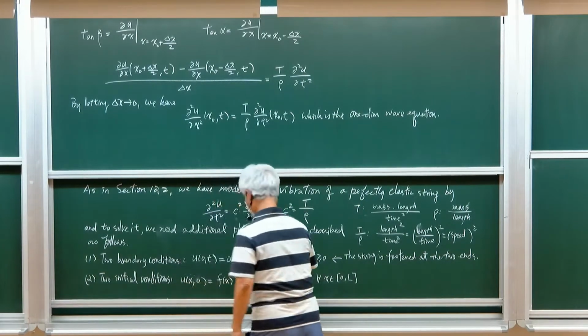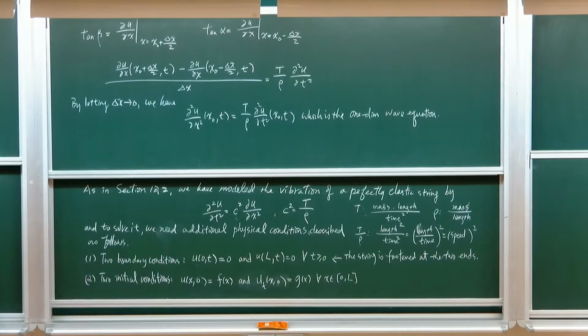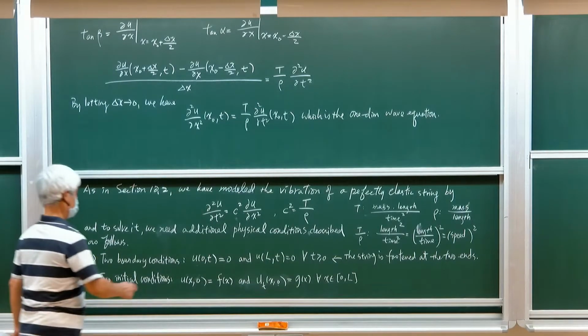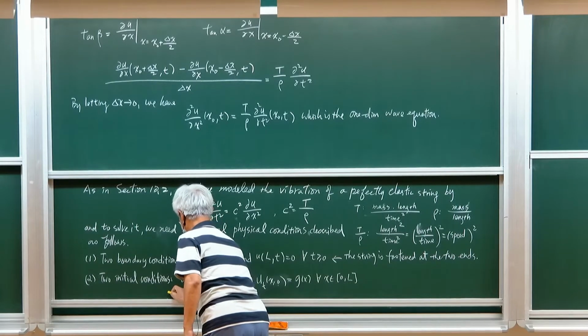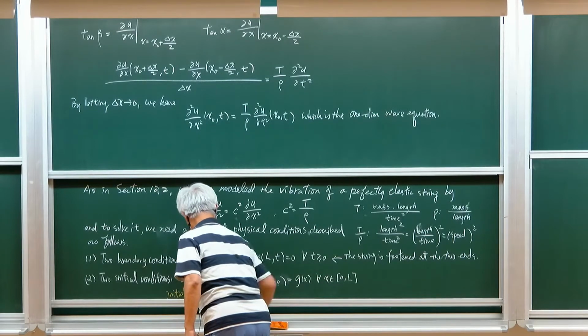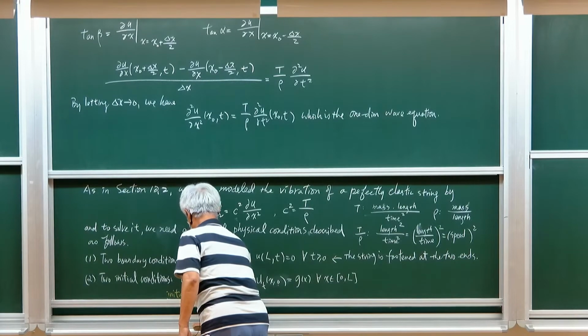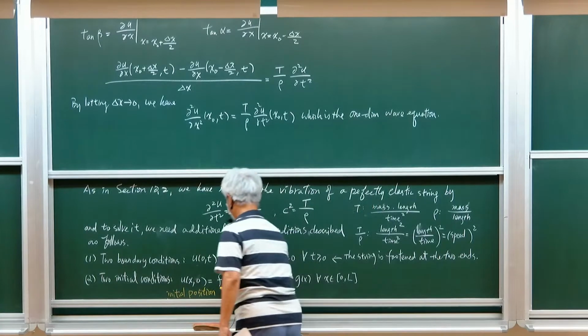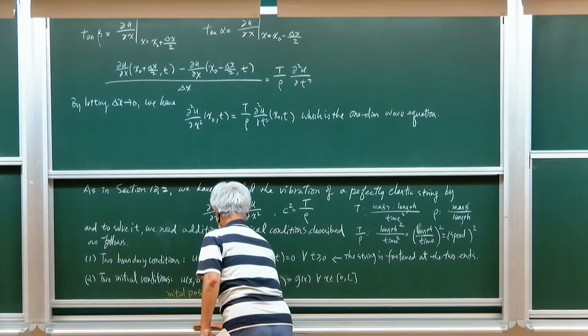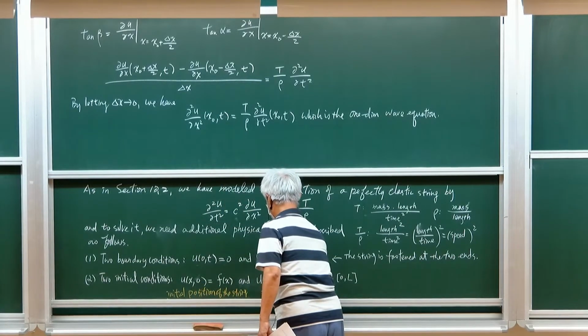So this describes the initial position. Okay, so this is the initial position of the string, and this is the initial velocity.